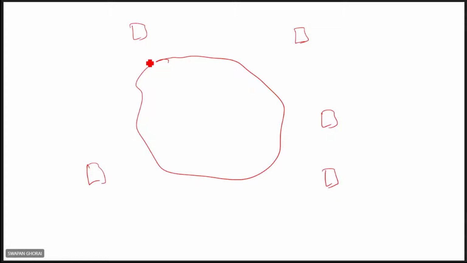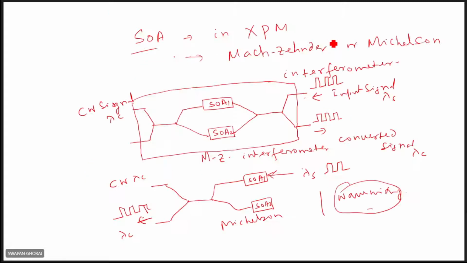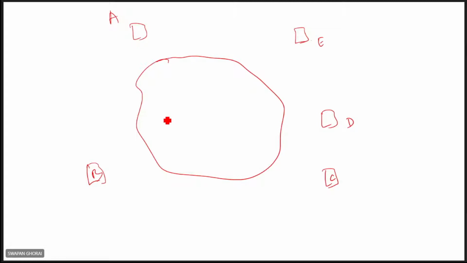So let us say this is A. This is B. This is C. This is D. And this is E. Right. So in this case, you can see it here. Suppose the light path is generally for transferring information from one station to another station, a light path should be established. Suppose C to A, there you see switching elements are there.